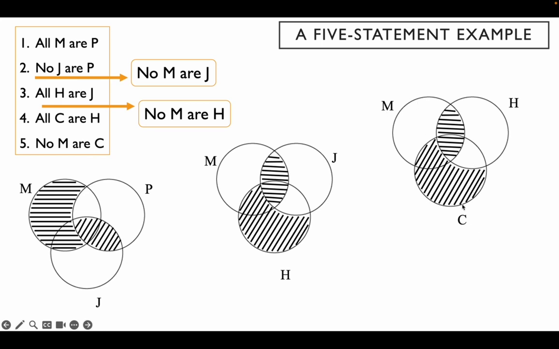What conclusion can we derive from this diagram? Well, we can derive the conclusion that no M are C, as you can see. And that conclusion happens to be our conclusion. No M are C. Consequently, this Sorites is also valid.